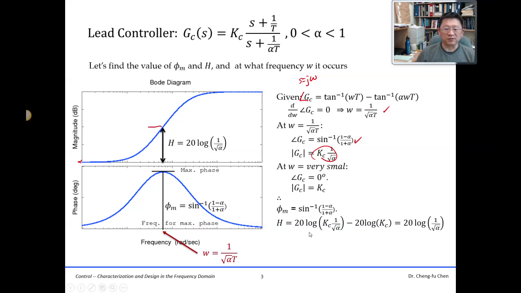We take 20 times log of this number minus 20 log of this number, which gives the difference in decibels between the two levels, described here, and we found it is this number. So in this page the formulas are described in this graph.